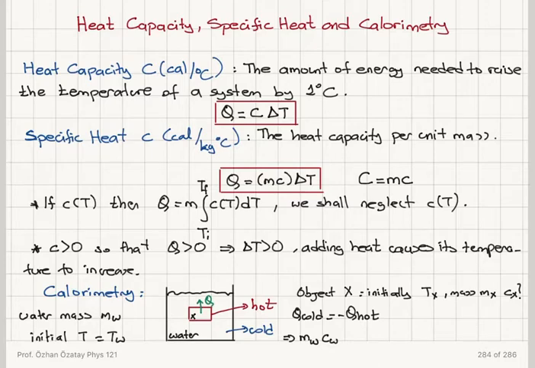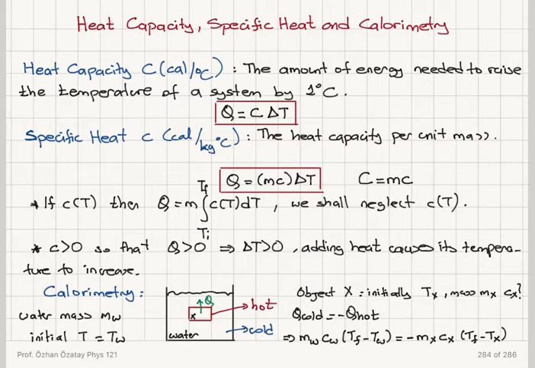When the system reaches the equilibrium temperature, it's going to have the equilibrium temperature T final. So it's T final minus initial temperature of the water, Tw. This will be minus the heat absorbed by the hot object, mass of the object, specific heat of the object, T final minus Tx. Since T final will be less than Tx, this will turn into a positive quantity with the minus sign.